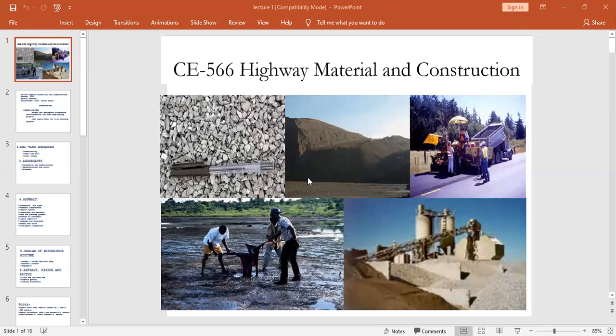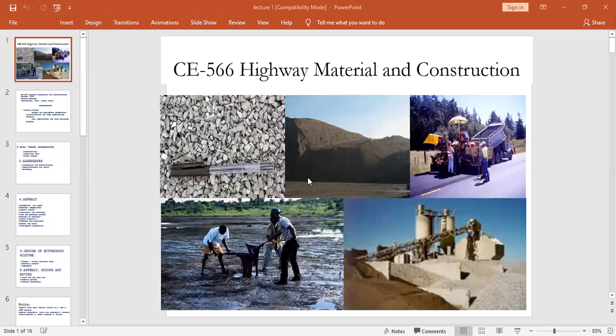There comes a very important topic, how you design a bituminous mixture, how asphalt concrete is produced, how you proportion it. So the main topic in that will be weight volume relationship.